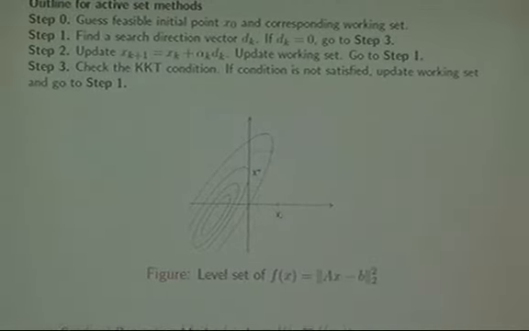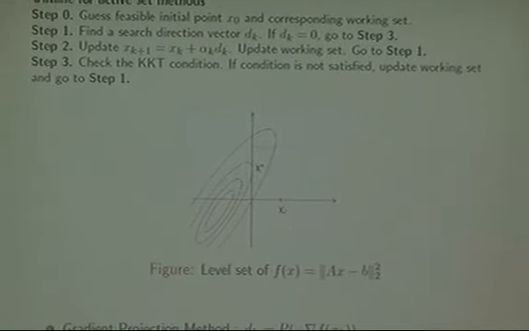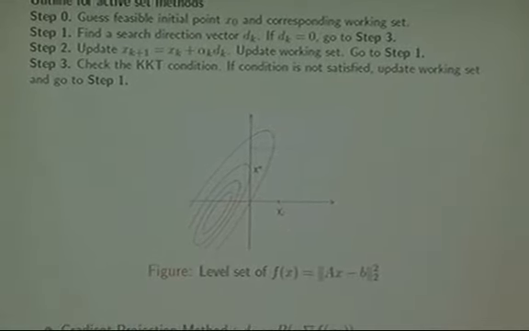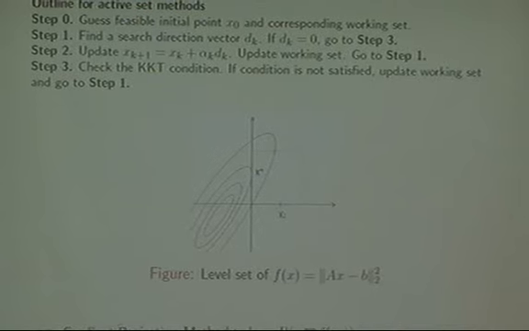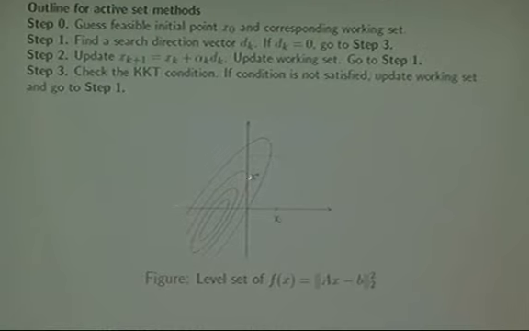Suppose this is just a very simple two-dimensional case. This is the least squares functional, and here we have a minimum, and this is our region to find the minimum. If you look at this, x star is the relative minimum, and if you check the KKT condition, the Lagrange multiplier becomes positive here.